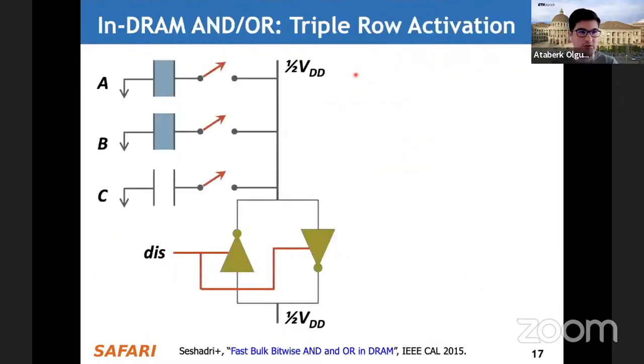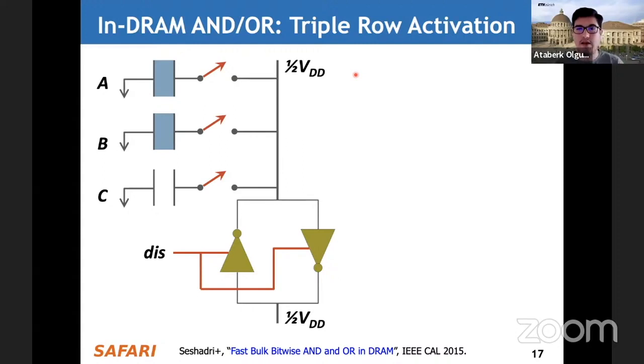But I will also briefly describe the key idea of this paper. Here I will show you how we do bitwise AND and OR operations using what's called triple row activation. Here we will simultaneously enable 3 rows to perform some computation on the bit line itself.